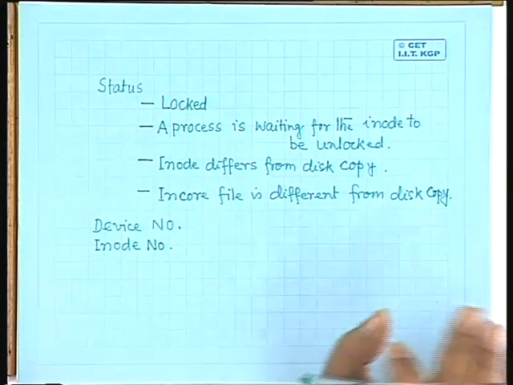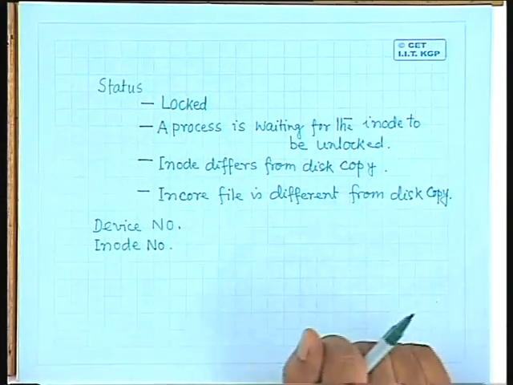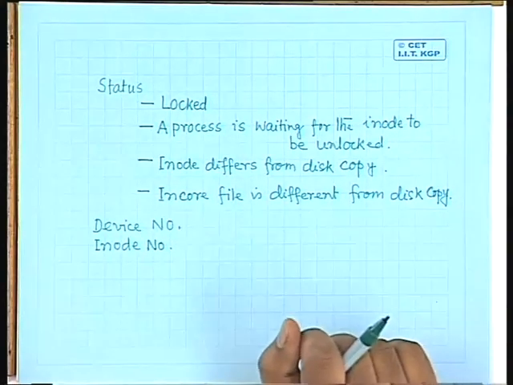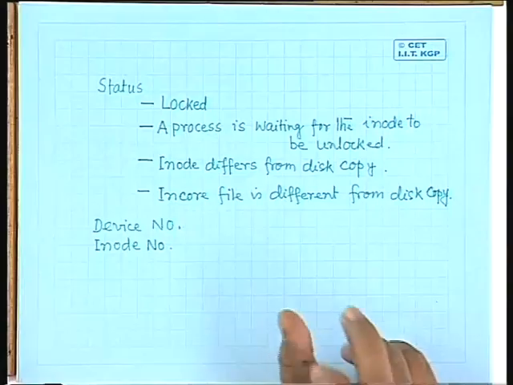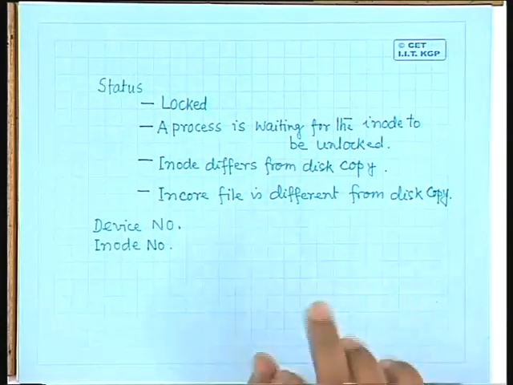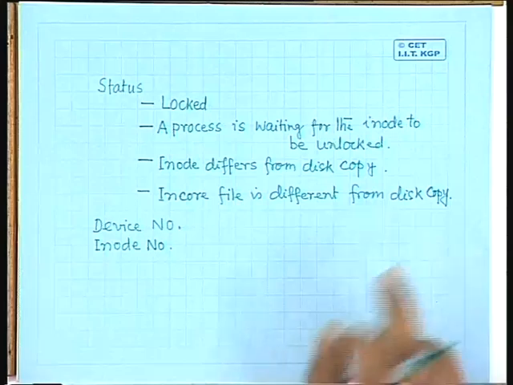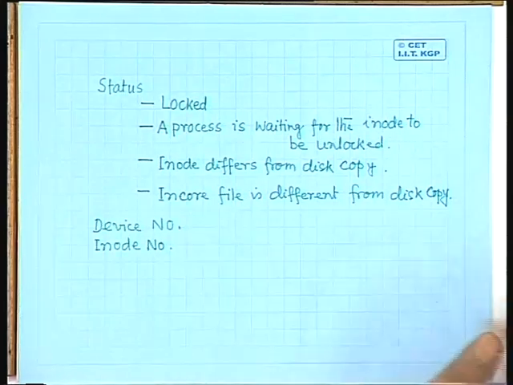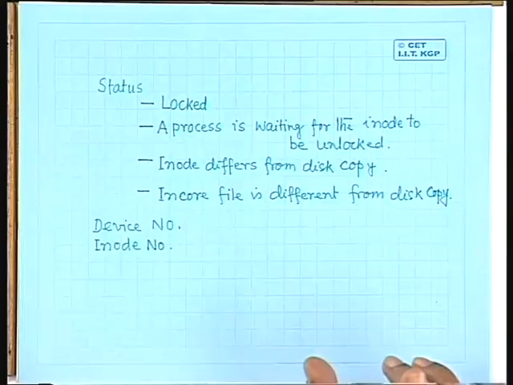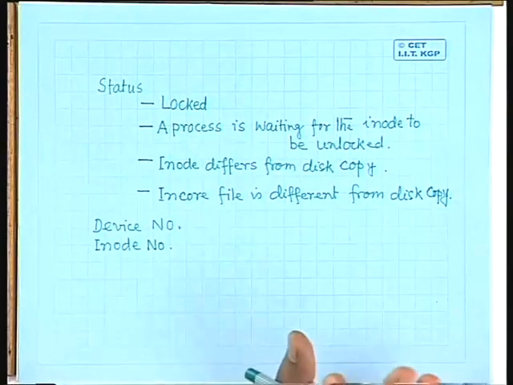For example, if the data structure for inode needs 50 bytes, then the first 50 bytes in the inode block will belong to the first inode. Next 50 bytes will be for the second inode. Next 50 bytes will be for the third inode, and so on.